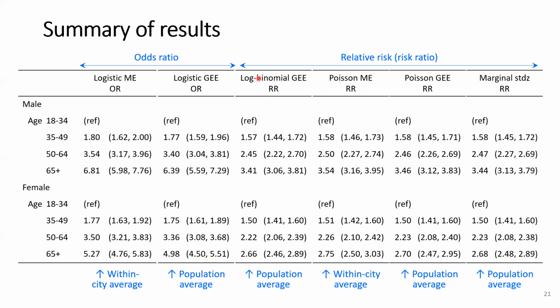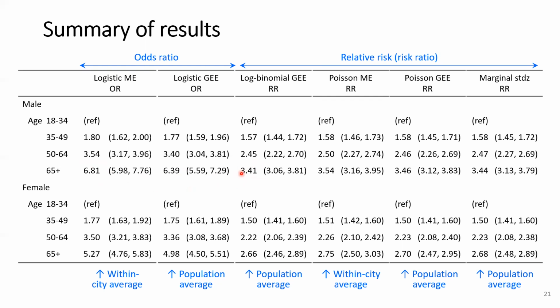Then let's look at this one. These numbers are shown in relative risk, so it's around 3.5 roughly. When we want to present in relative risk, it's much smaller as compared to the odds ratio. This is odds ratio, this is relative risk, so we are using different scales.